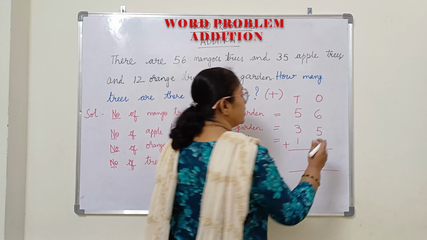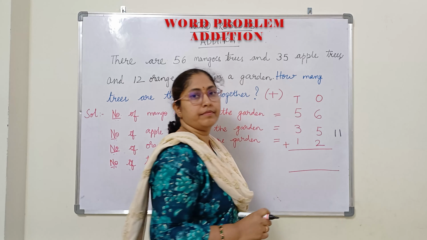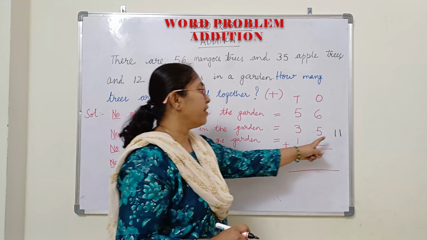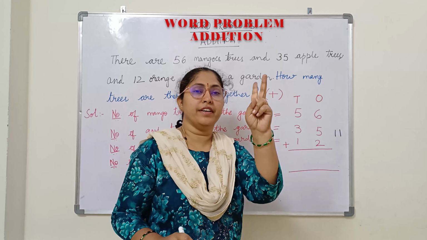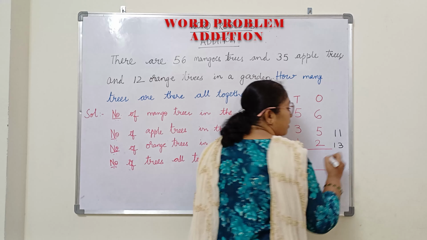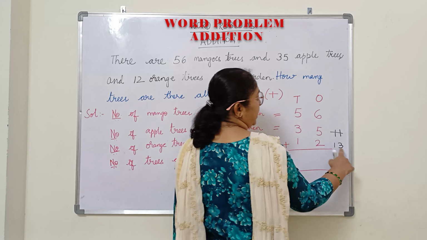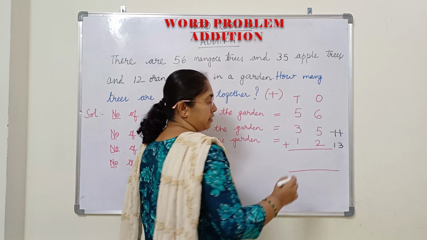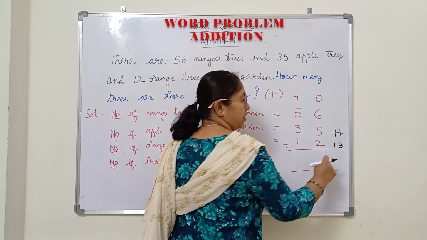So beside this 5, you write 11 here. Now take this 11 in your mind, 2 on your fingers, count after 11: 12, 13. So you will write 13 here. Strike off this 11, write 13 here, so you don't get confused.